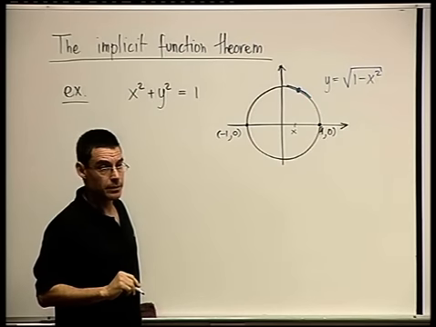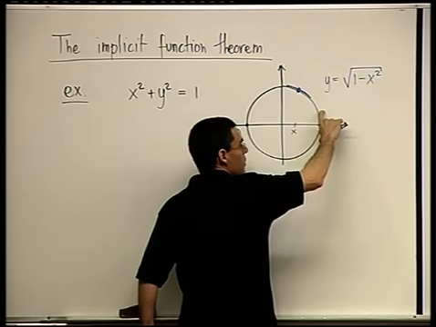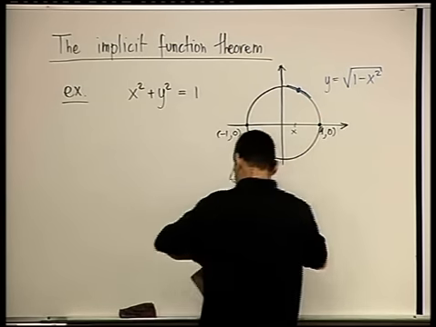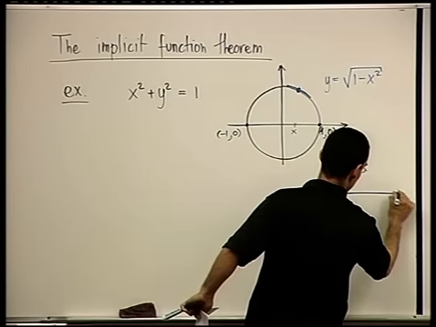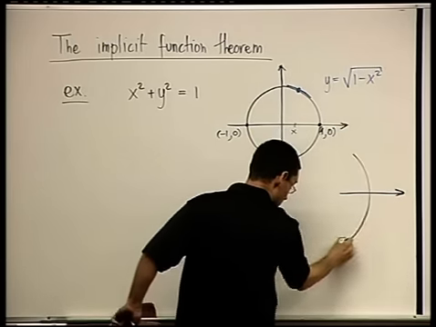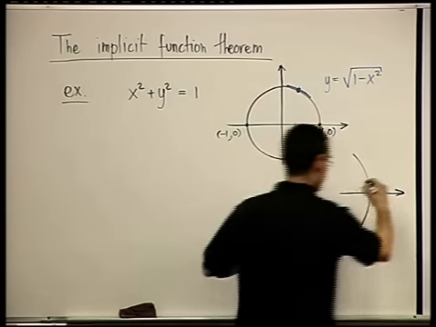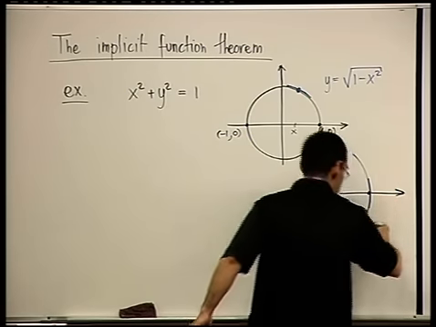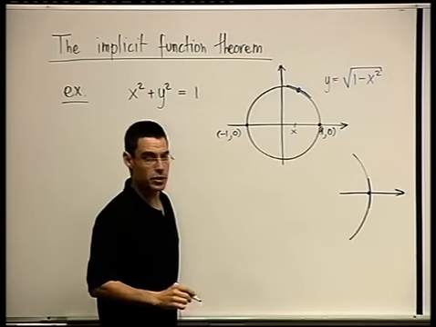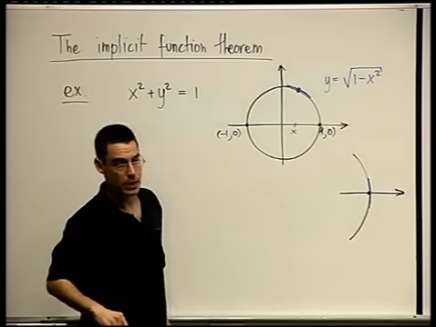Do you agree? In any neighborhood, in any portion of this curve that you take, let's zoom in on that point. So here's the axis, and I'm zooming in on the point. Here's the point. And no matter what small portion I'm going to try to look at, it's still not going to be the graph of a function, because for every x value, there are going to be 2 y values. Do you agree?